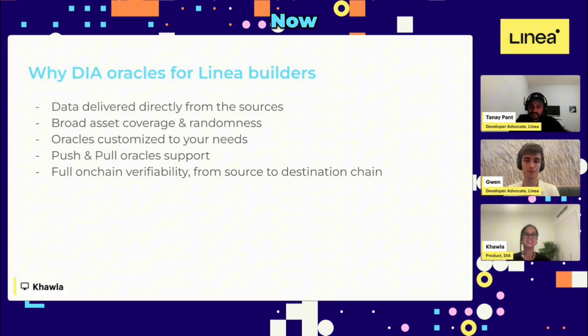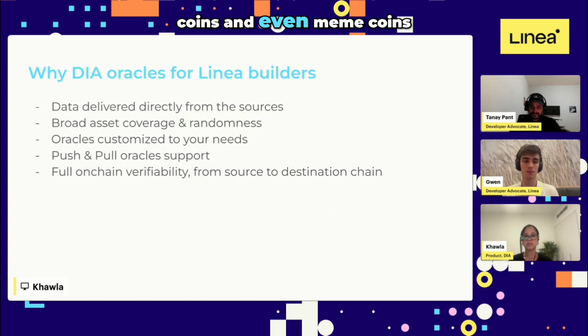Okay, now let me give you all the reasons why you should start building with Dia. First, data is delivered directly from the sources, as we mentioned earlier. Rather than fetching the data from third-party aggregators, we deliver the data directly from the DEXs. Then we have broad asset coverage: stable coins, LSTs, liquid staking tokens, blue chip coins and even meme coins.